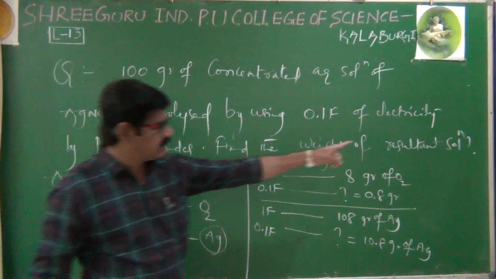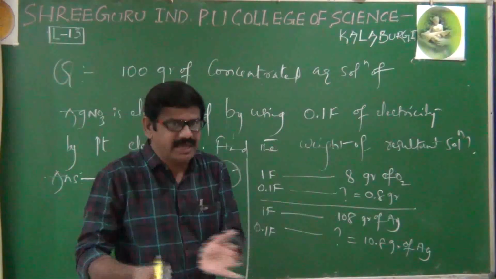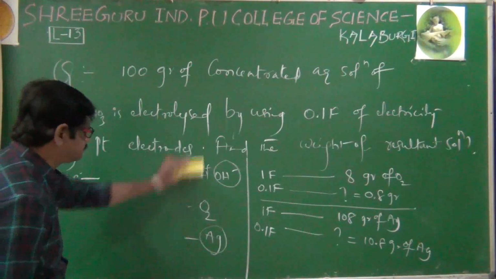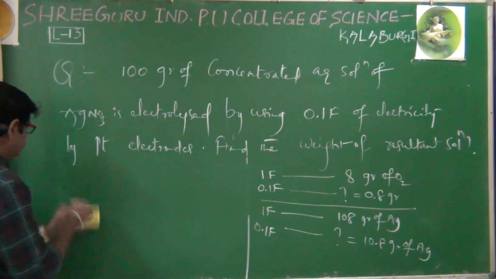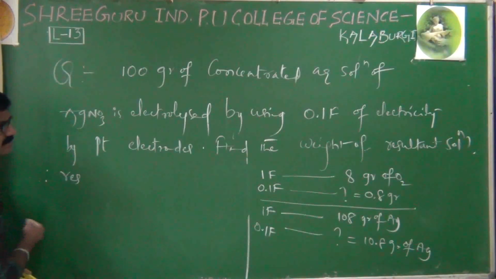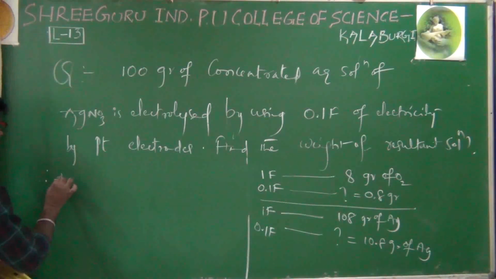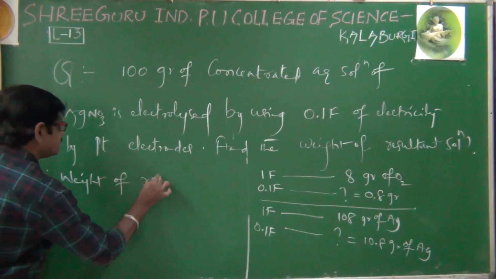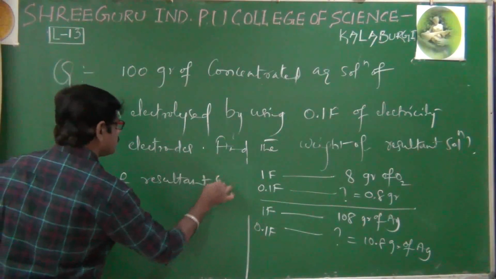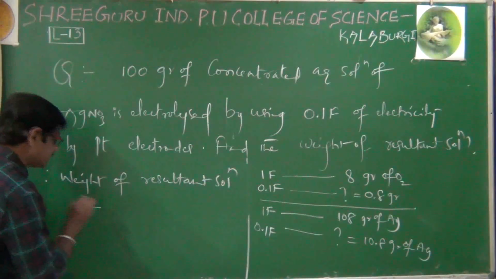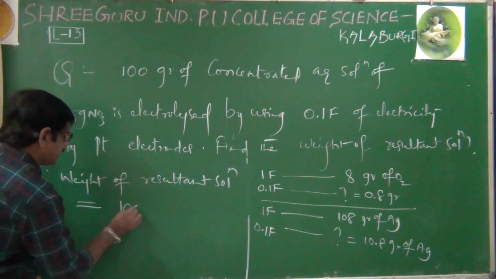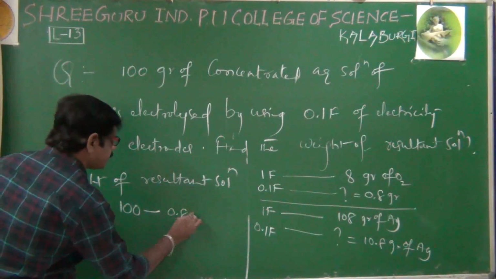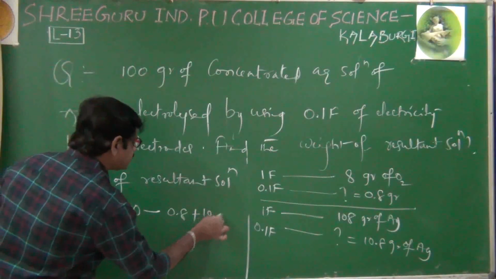The resultant solution is asked, so we have to calculate the remaining amount. Therefore, the weight of the resultant solution is equal to the initial amount, 100 grams, minus 0.8 plus 10.8.